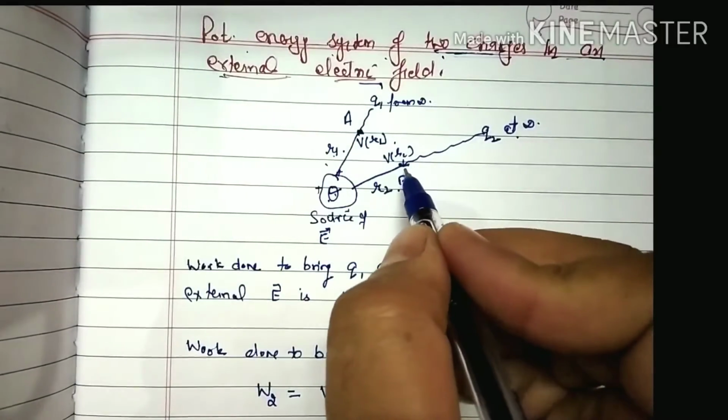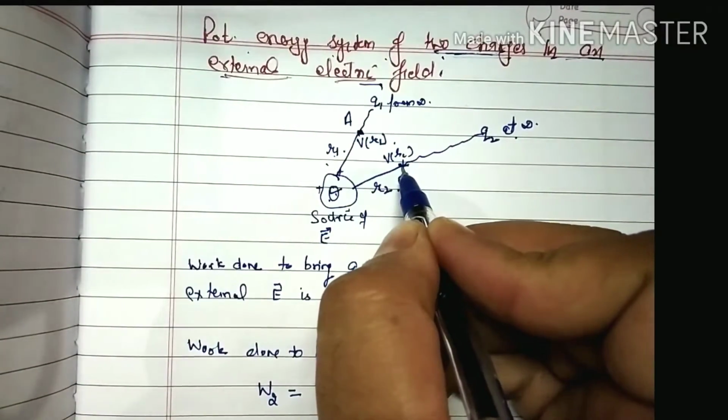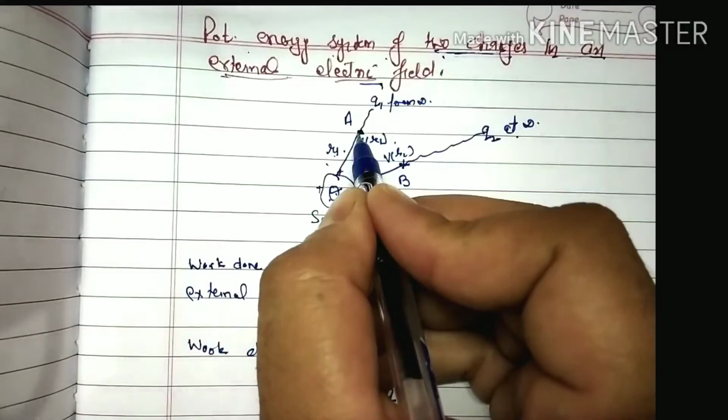But at this point B there is the potential of the Q1 charge also.